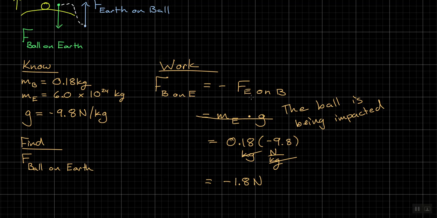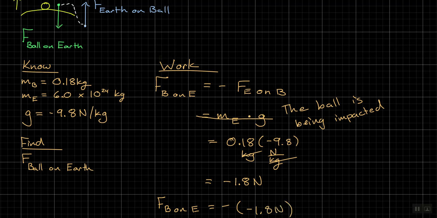If the force of Earth on the ball was negative of this, how could I find the force of the ball on the Earth now then? What did we just find the force of the Earth on the ball was? Why did I do negative, negative?